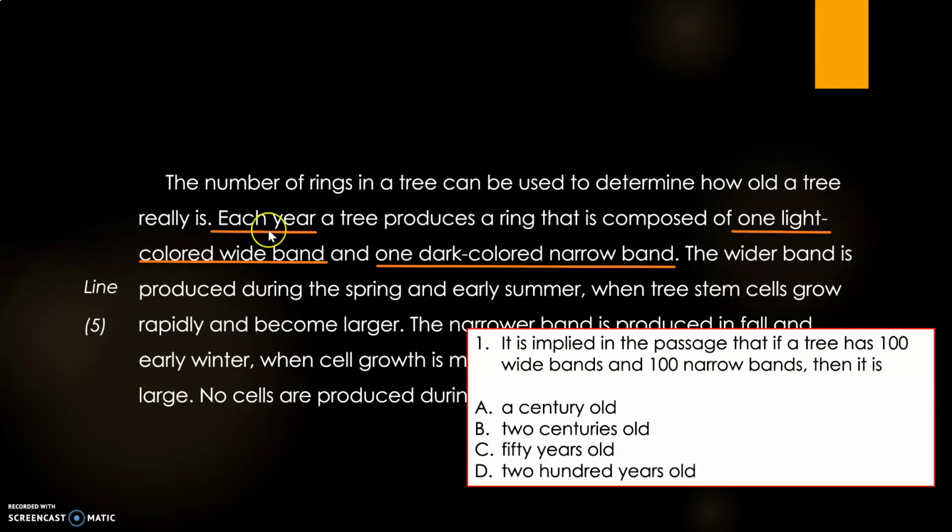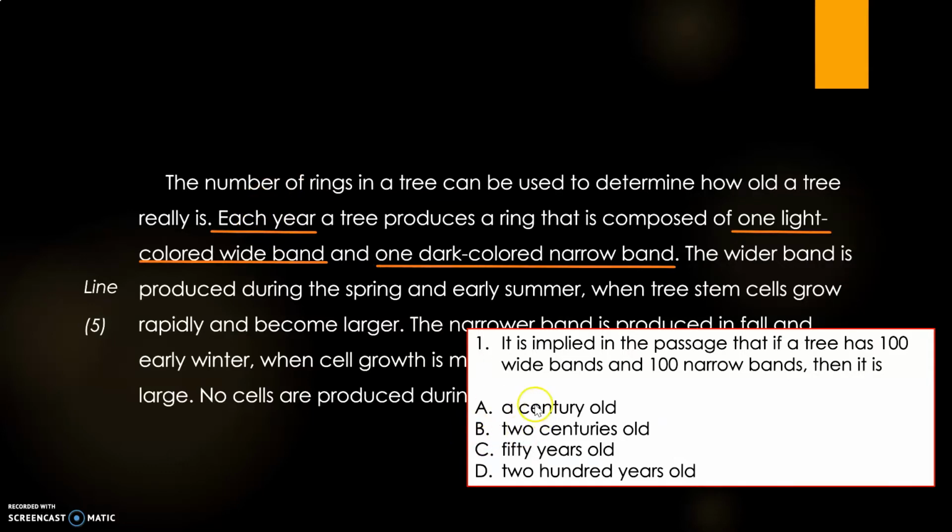How many years are there? Do you understand? If it is only 1 year that a tree produces one white band and one narrow band, then to produce 100 bands, how many years are there? Of course, it is 100 years.